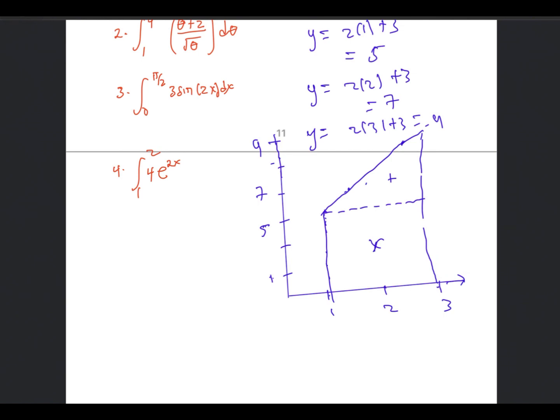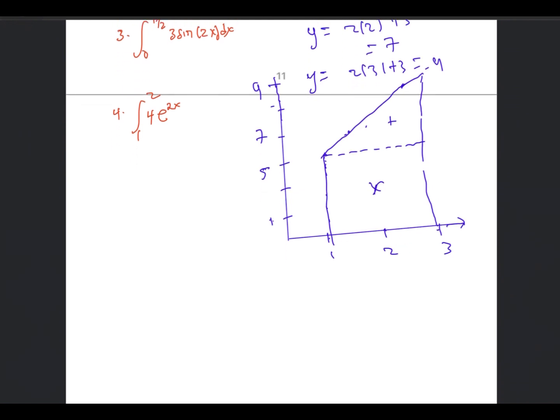The area of this rectangle plus the area of this triangle gives us the total area. The area of this rectangle is 3 minus 1, which is 2, multiplied by the height 5, so we get 10.